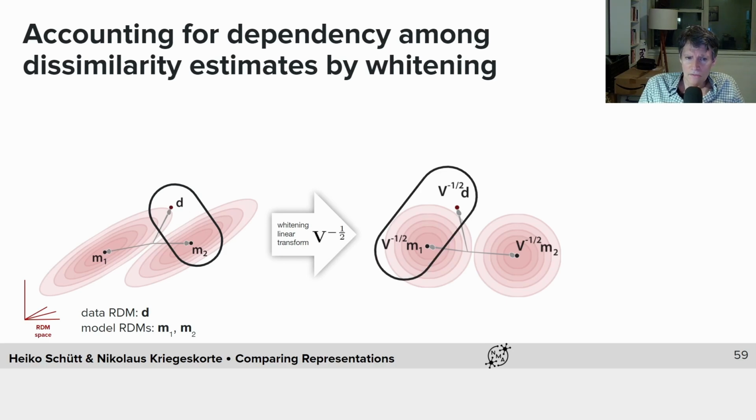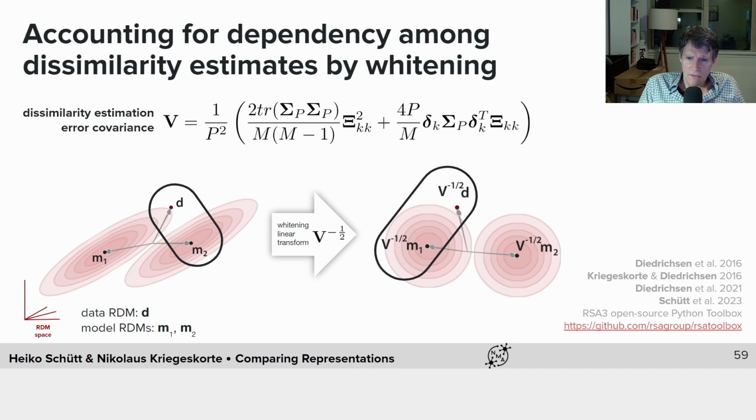So after we do this, we end up correctly choosing model 1 here as the better model for explaining the representation in this data set. This has been worked out, so we know how to estimate this dissimilarity estimation error covariance, by W1D3 and Heiko Schütt, and it's implemented in our open source Python toolbox, so you can check it out there or play around with it in the tutorials.